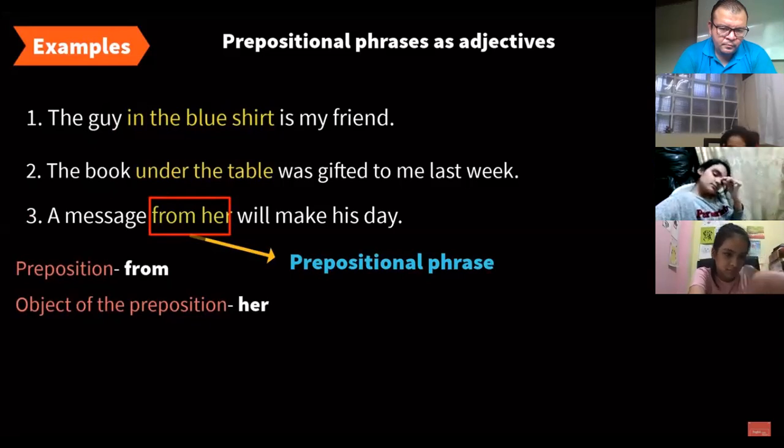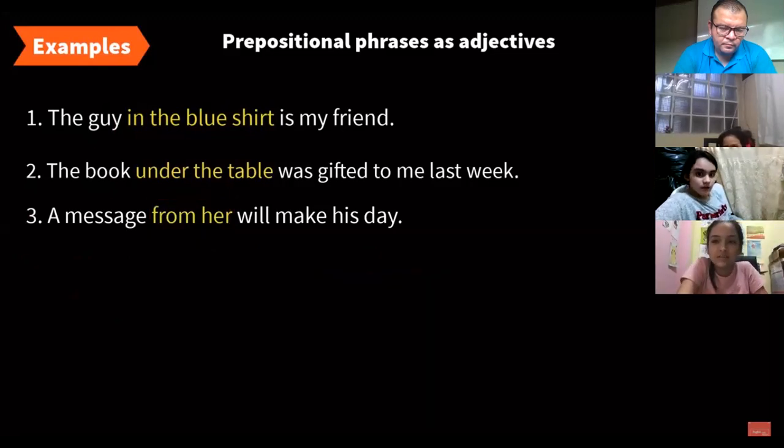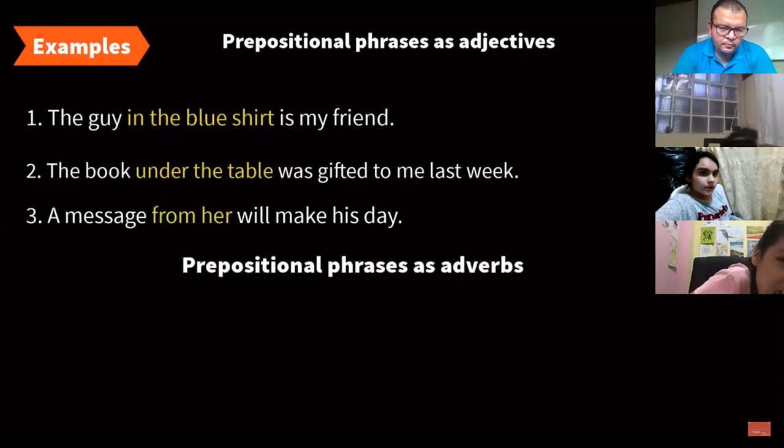Which message? A message from her will make his day. Not any message will make his day. So from her is a prepositional phrase starting with the preposition from but modifying the noun message. Which message? From her.